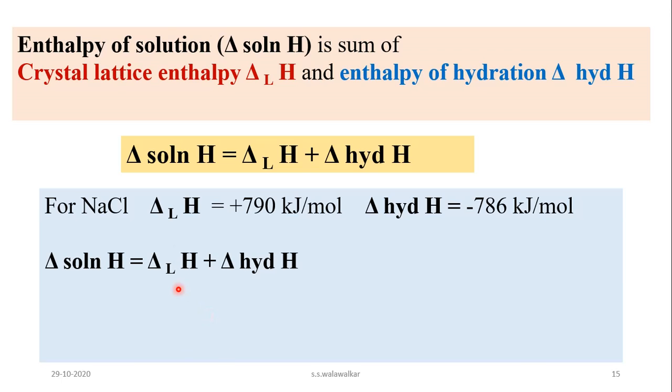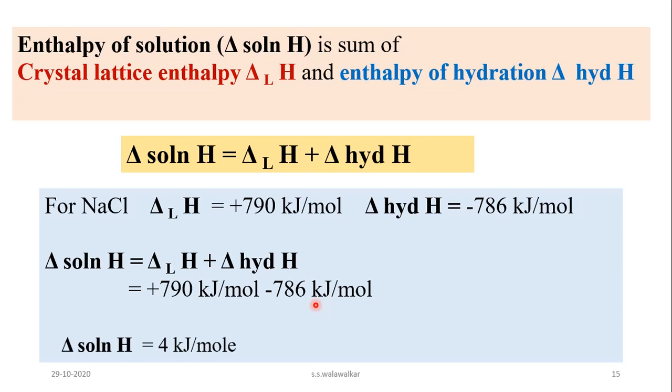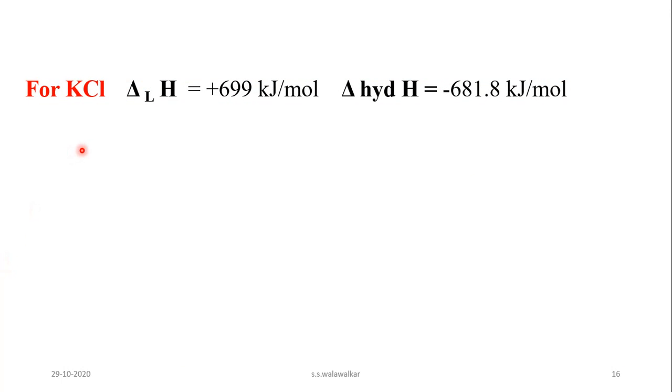So enthalpy of solution is equal to how much? Crystal lattice enthalpy plus enthalpy of hydration. So 790 minus 786, and that is equal to how much? 4 kilojoules. So enthalpy of solution of sodium chloride is 4 kilojoules per mole.